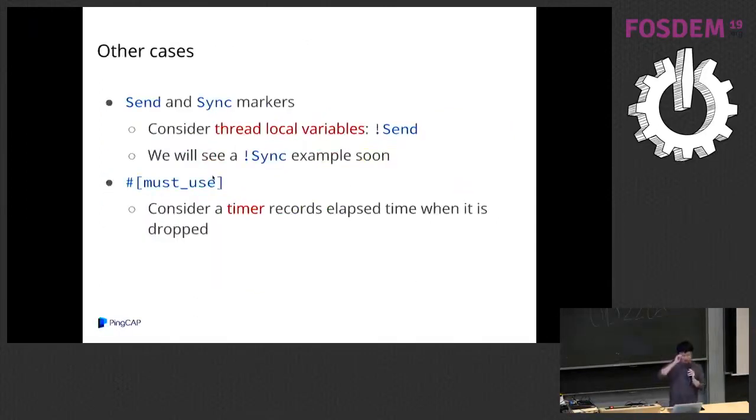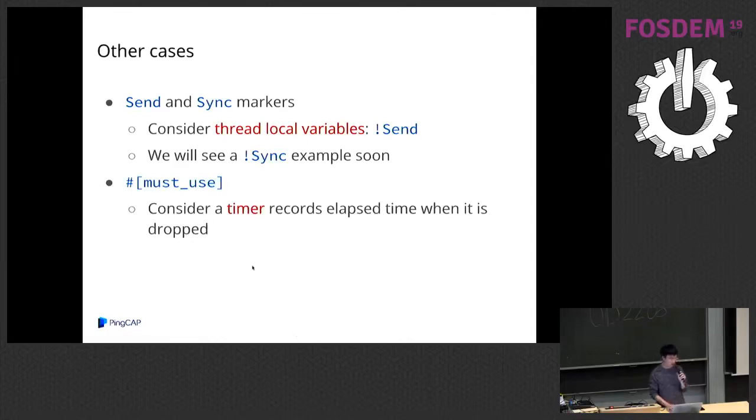There are some other cases in the Prometheus library. For example, we utilize Send and Sync markers in Rust. What is Send and Sync? For Send, it means that a type can be sent to other threads. It is safe to send to other threads. And for Sync, it means that the type can be shared between different threads.